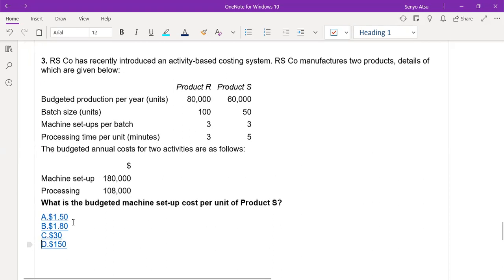RS Company has recently introduced an activity-based costing system. What is the budgeted machine setup cost per unit of product X? Friends, machine setup. This was what I was telling you one moment ago.